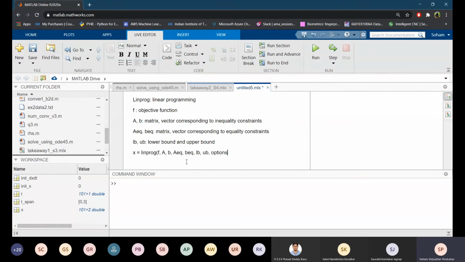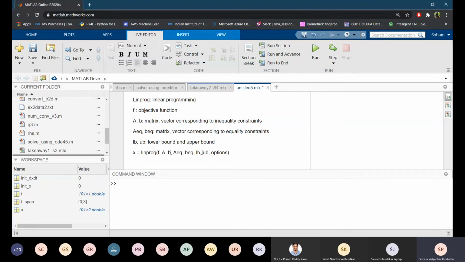But you note that these are not compulsory arguments. Even if your problem has only F, A, and B, you're still solving a linear programming problem with inequality constraints. And if your problem doesn't have any equality constraints, you can just leave them blank, or just use this much part.